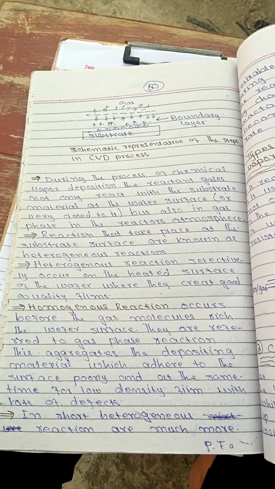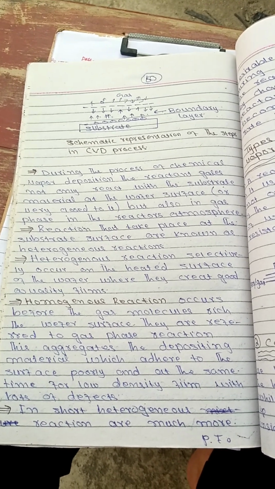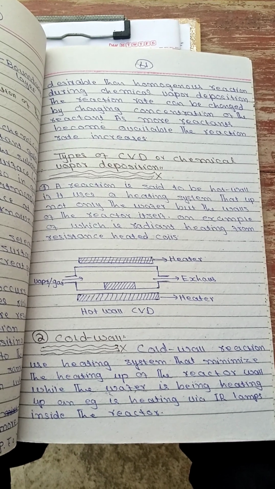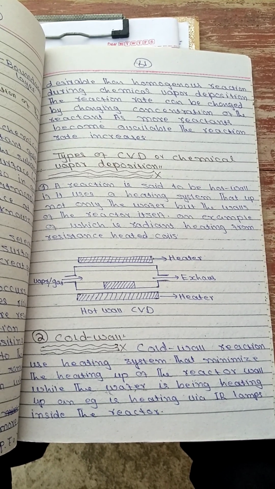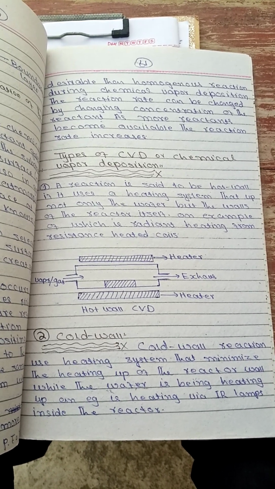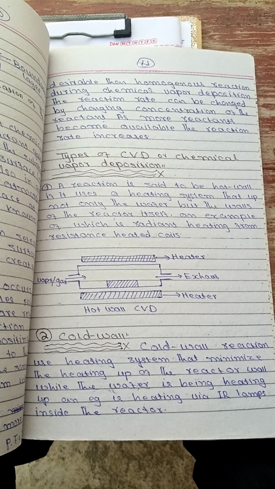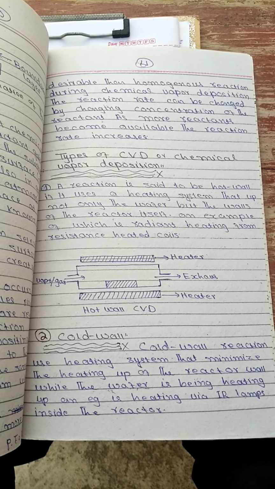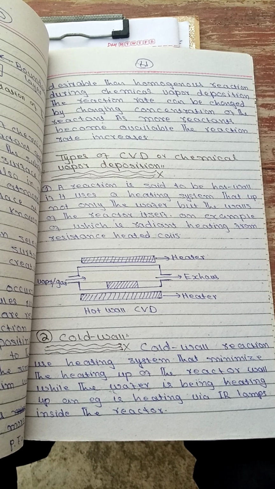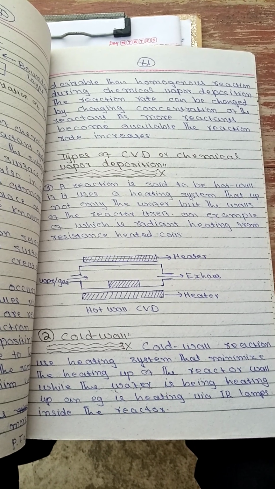So heterogeneous reactions are much more desirable than homogeneous reactions. During chemical vapor deposition, the reaction rate can be changed by changing the concentration of the reactants. As more reactant becomes available, the reaction rate increases.